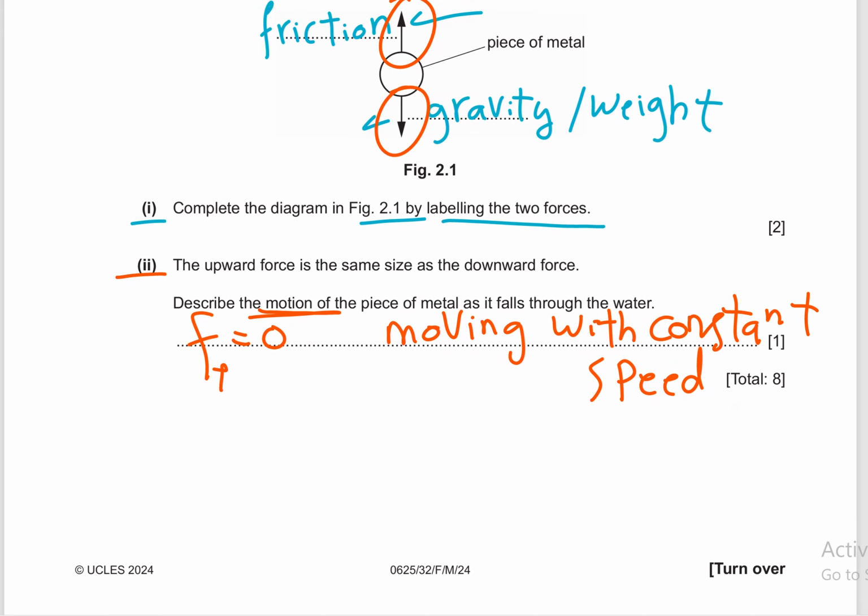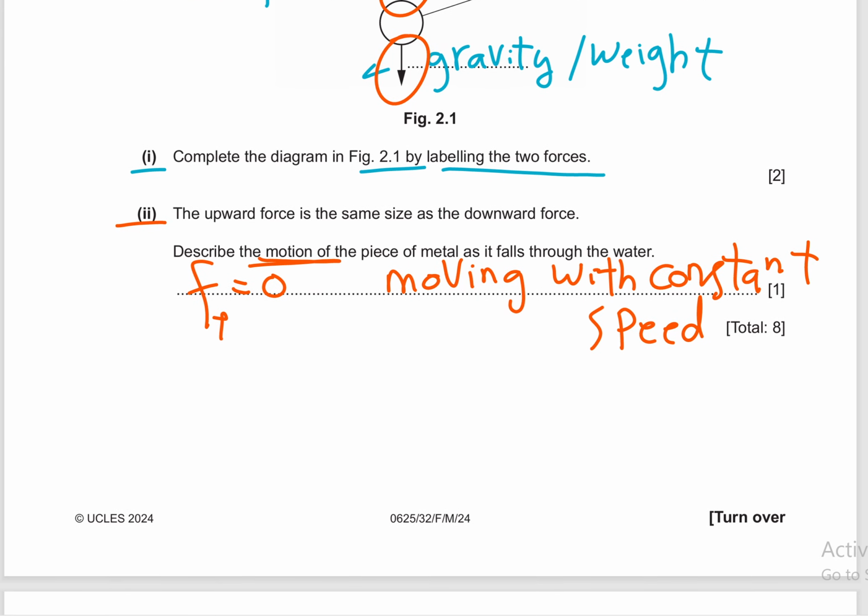For the students who will ask, Mr., how is that possible? Since we know from before that F equals ma, this explanation you don't need to write in the question. F equals ma, we said that the force here equals 0. This means that mass multiplied by acceleration equals 0.